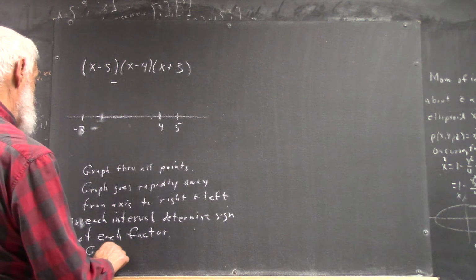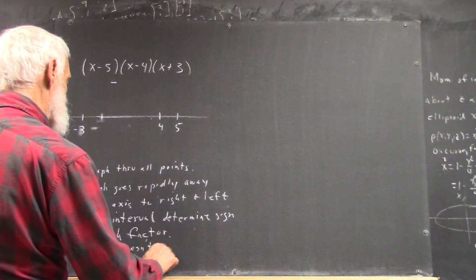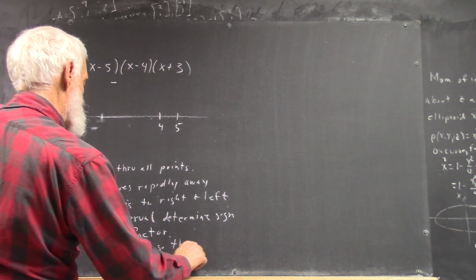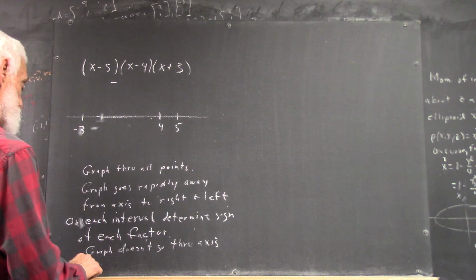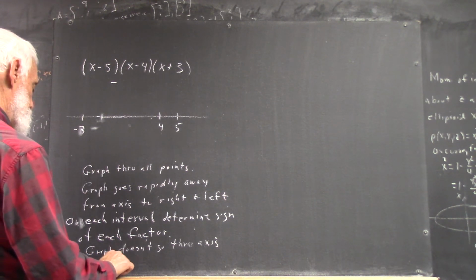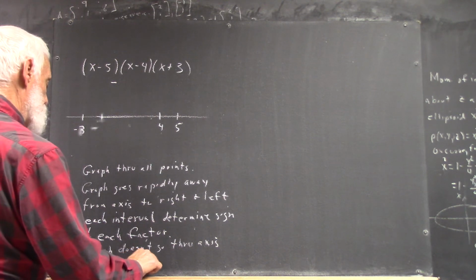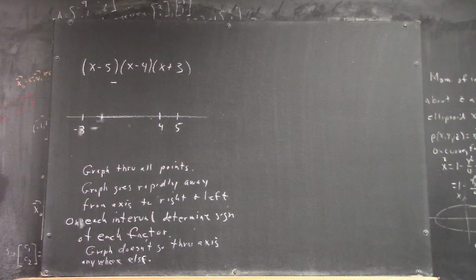The graph doesn't go through the axis anywhere else. Okay?